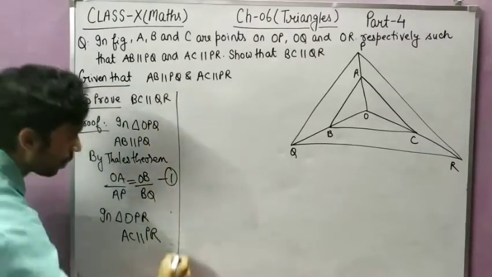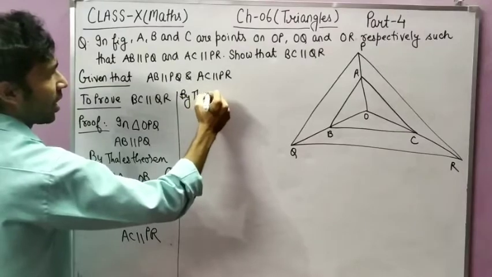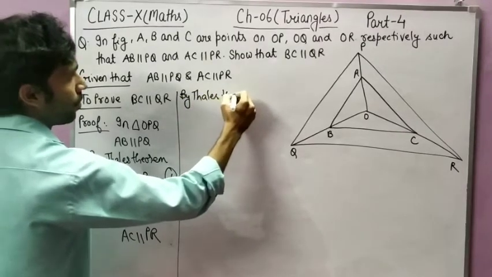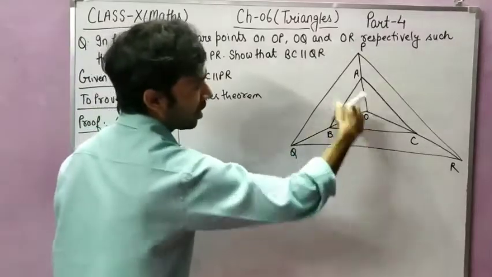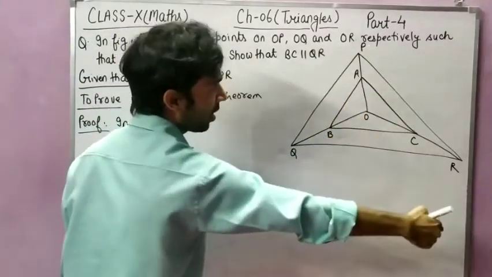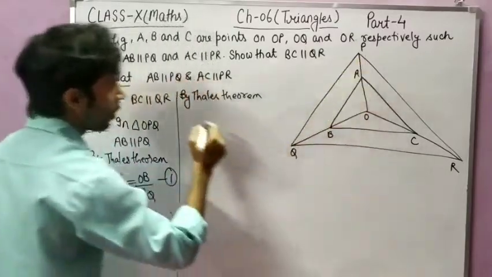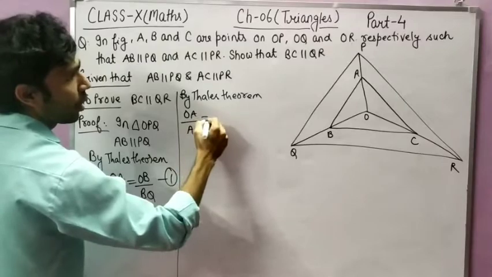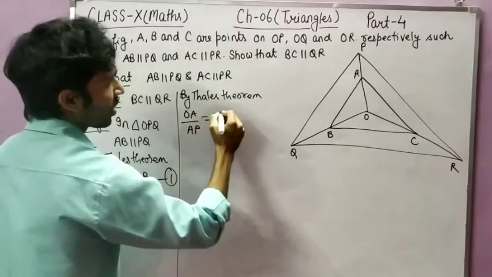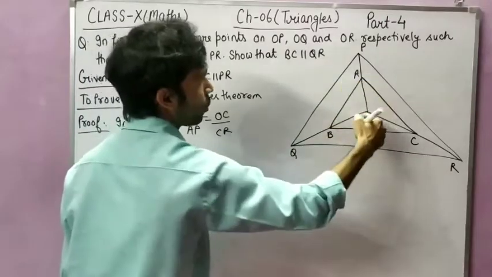So by Thales theorem again, what can we write in this triangle? AC is parallel to PR, so the other two sides will be divided in the same ratio, means OA by AP is equal to OC by CR.